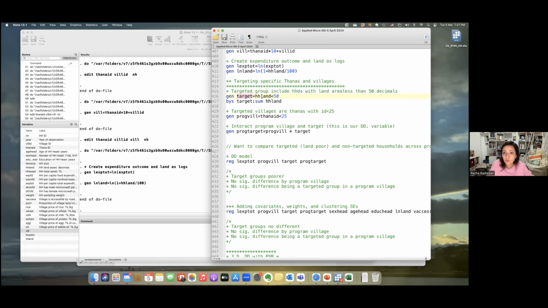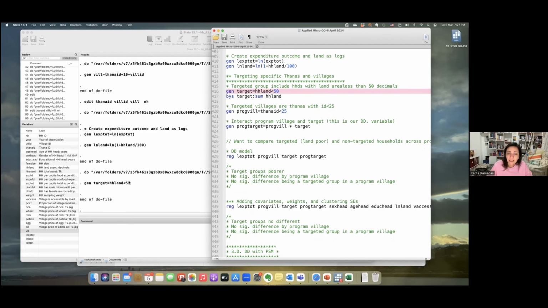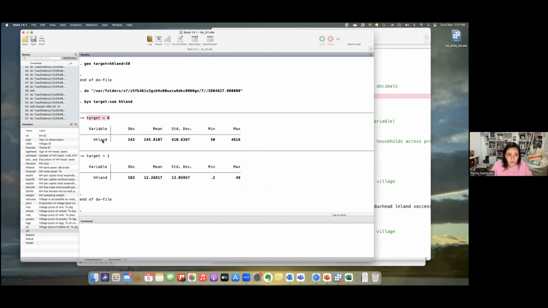This was the cutoff criterion for the household to be benefiting from the program or not, or to be targeted by the program or not. So I will create this variable, and just to be sure that I am doing a good job, you can see that here the variable target equals 0 if the household land is between 50 and 4618.